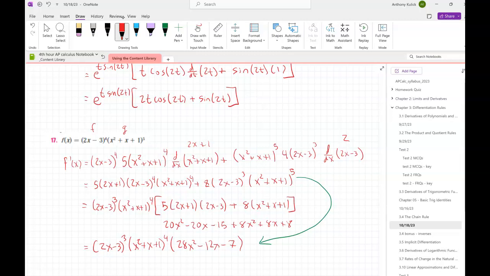Which again, I think is important, especially on the homework, that you try to simplify to what the back of the book gets. Even if you don't get it right, it's good practice. It helps you find things that you're making mistakes with, or you come in and talk about it the next day in class, and it's like, oh yeah, that's a really clever way of doing some simplifying or some factoring, or moving terms around to get things to cancel out.